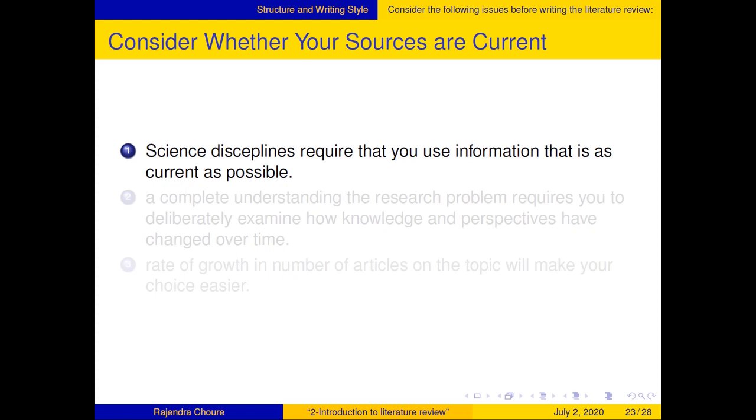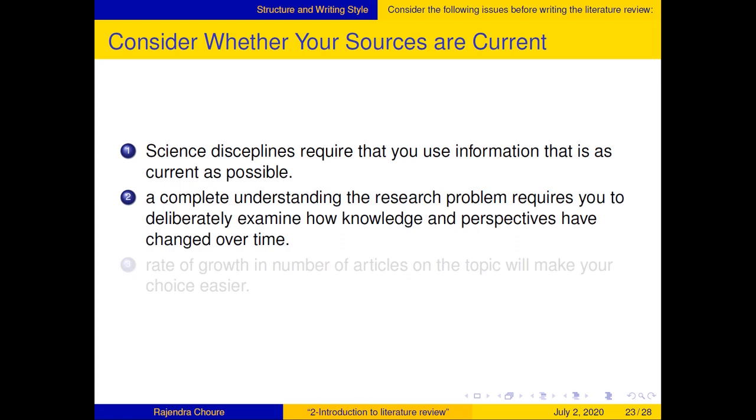Many people are working on your topic, and if your sources are not current, if they are very old, then your research may be a duplicate of others' work. You may find the same things, you may discuss the same things. Therefore, science disciplines require that you use information that is as current as possible.